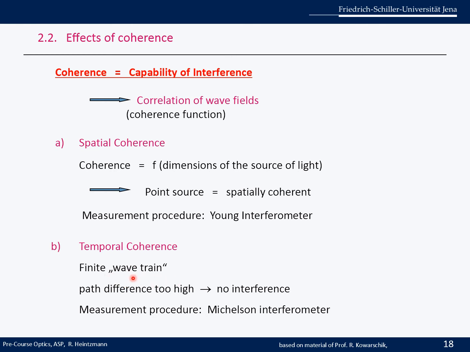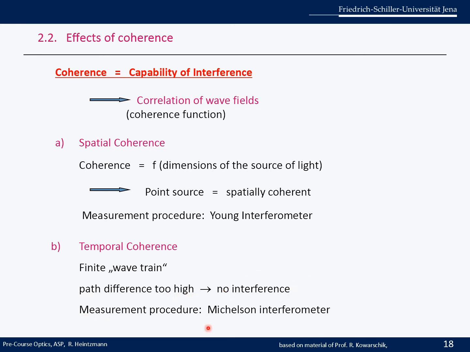If you are polychromatic, then the wave train will always sort of change its frequency, or it has a range of frequencies inside, and that doesn't allow this interference of an earlier version with a later version, or it does allow that only for a small time difference, and that means a small longitudinal path difference. So if the longitudinal path difference gets too large, then we do not observe interference.